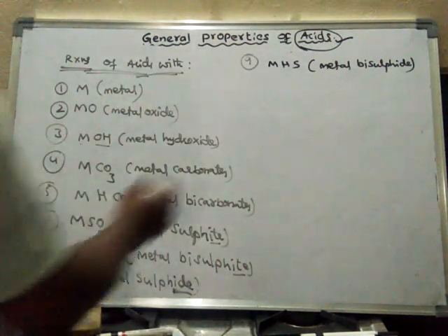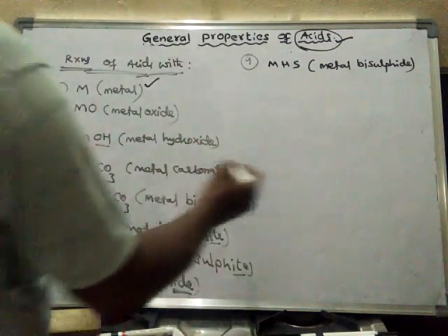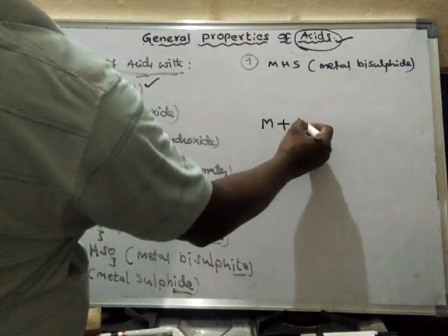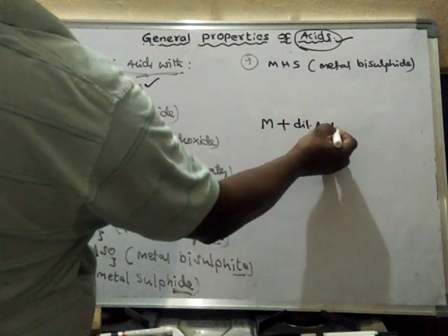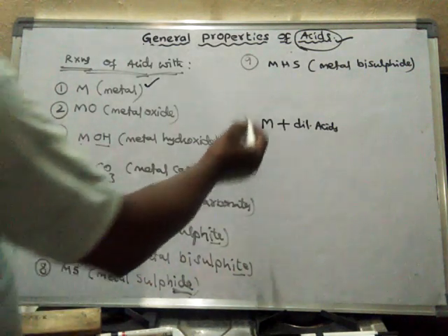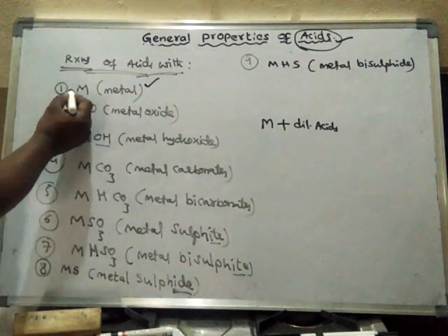Generally with metals, when metals react with dilute acids, which metals do we have to take? Active metals.